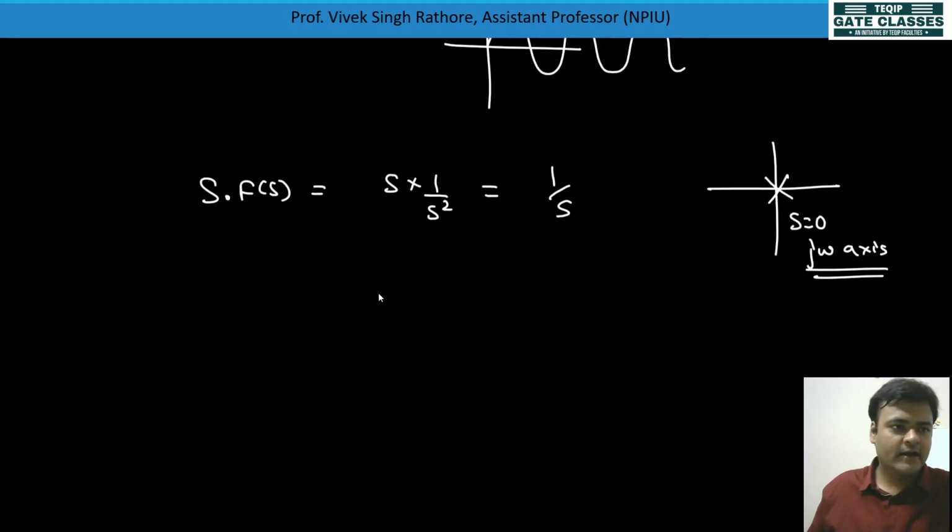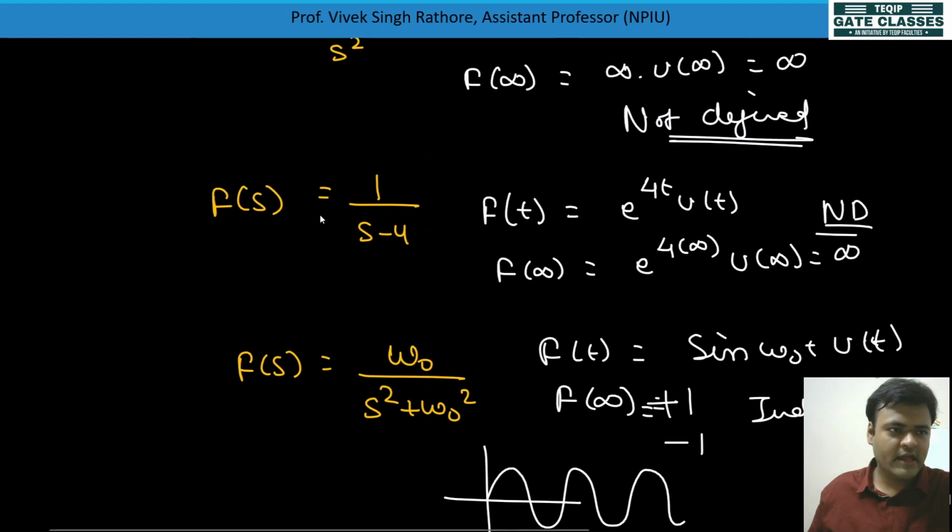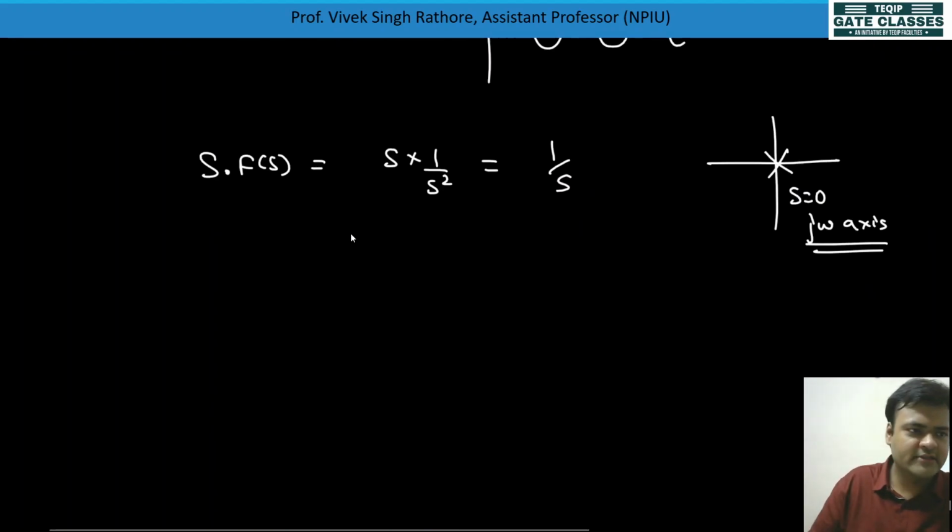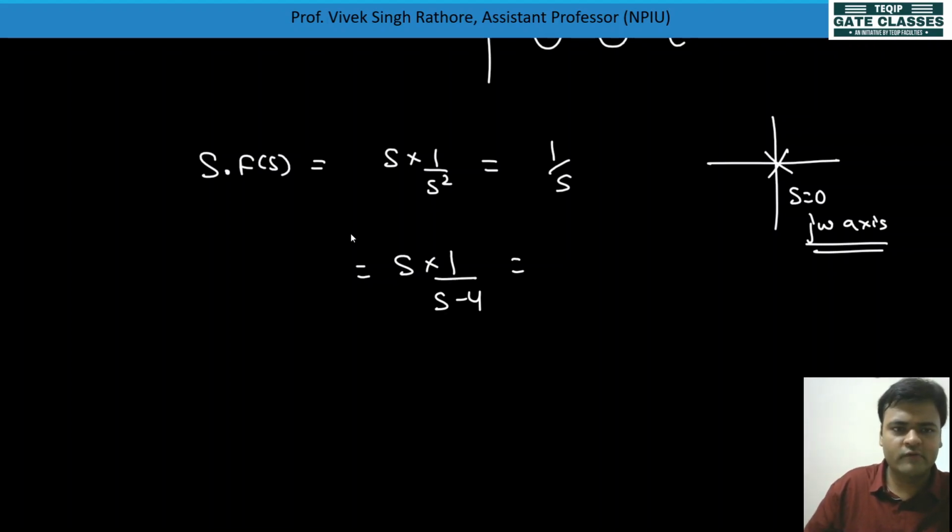See, s into f of s will be s into 1 by s minus 4. Here its pole will be at s is equal to 4, and 1 zero will be there, okay, no problem. So here the pole is in the right hand side.